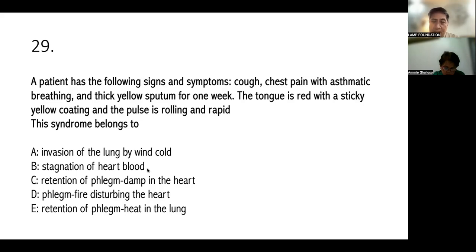Kasi kung titingnan mo yung C and E, retention of phlegm damp, pero sinabi mo phlegm heat in the lung. Pag meron kang heart issue, ano yung hanapin mong symptom first and foremost? Palpitation, Doc. Okay, very good.